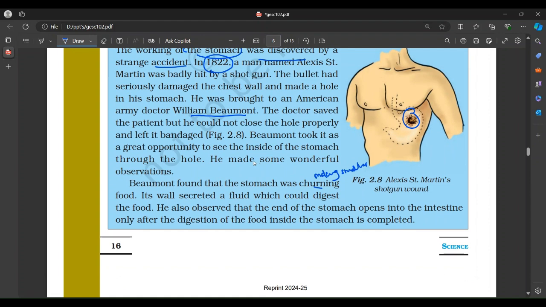He also observed that the end of the stomach opens into the intestine only after the digestion of the food inside the stomach is completed. Just imagine, only after the digestion, the opening to the small intestine opens.